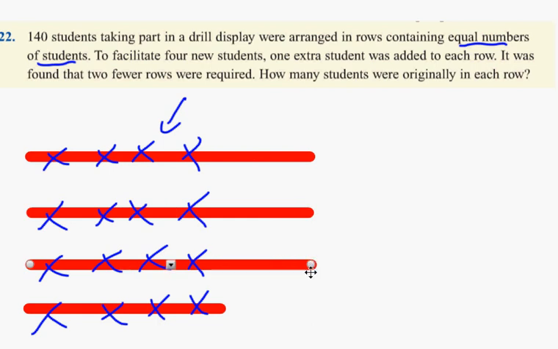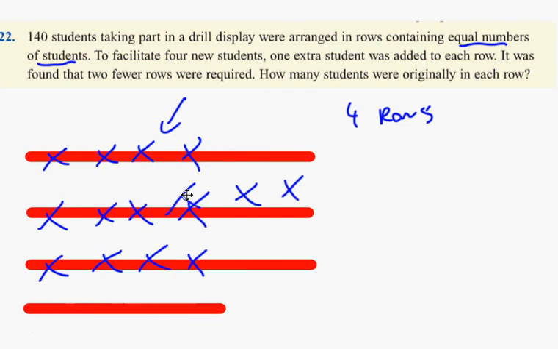Number of rows in the first place. How many rows did we use in the first place? It equals 140 students divided by what? How many students were originally in each row? 140 divided by x. What does x stand for? The students in each row.